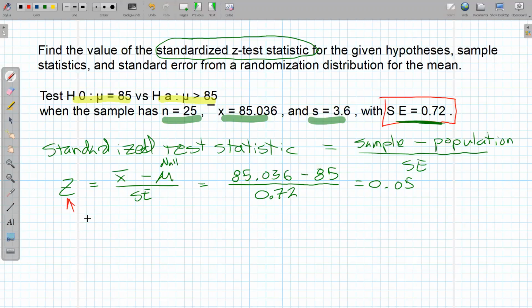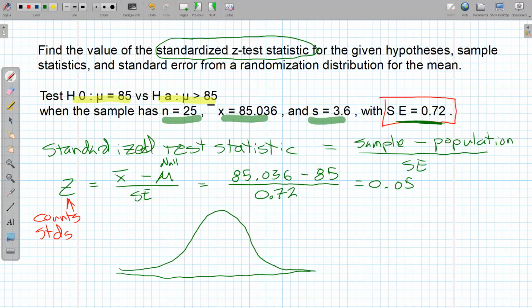A z-score counts standard deviations. So if I think about a normal distribution, which is that symmetric bell shape, and it's a good idea to draw pictures with any problems like this from now on. If you haven't been doing that in your notes, I encourage you to do so. So here I'm going to put mu in the middle. And mu in the middle is a z-score of 0. We haven't left the center. Standard deviation counts how far away from the center you are.